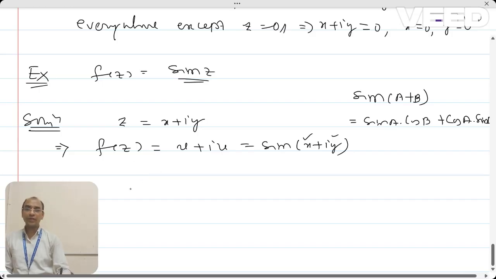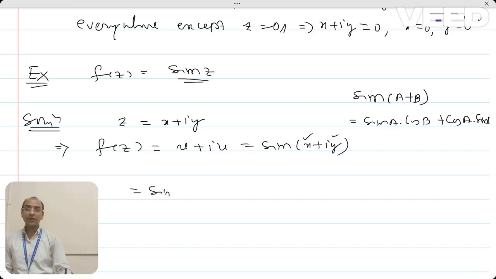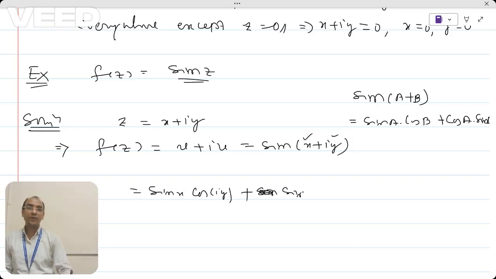So this will be equal to sin of x into cos of iy plus sin of iy into cos of x. You remember that cos of iy or sin of iy belong to hyperbolic functions.